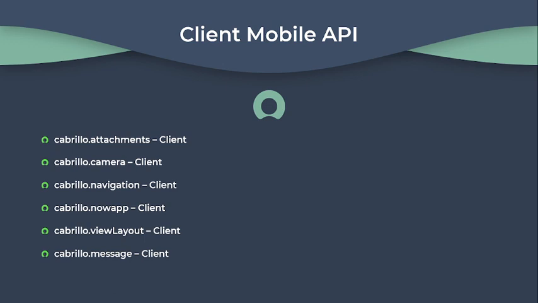This enables you to interact with screens inside of Now Platform native mobile apps. Then Cabrillo.viewLayout, Cabrillo JS functions to provide access to native UI elements like buttons and spinners. Then Cabrillo.message, Cabrillo JS functions to display messages in the native UI.